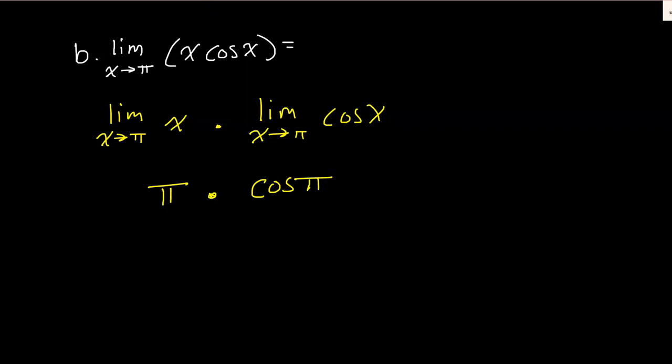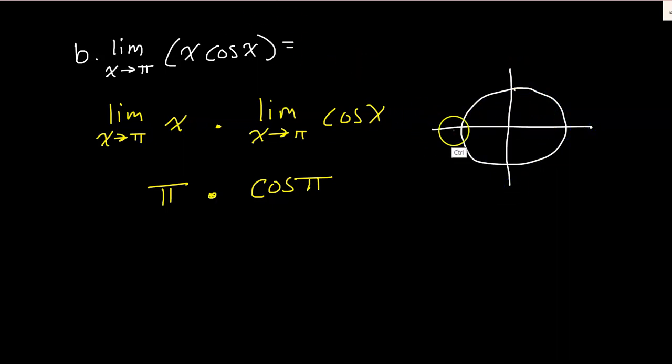Now remember, pi is right here, and cosine is the x value. So the cosine of pi is going to be -1. So we're just going to have pi times -1, which is -pi.